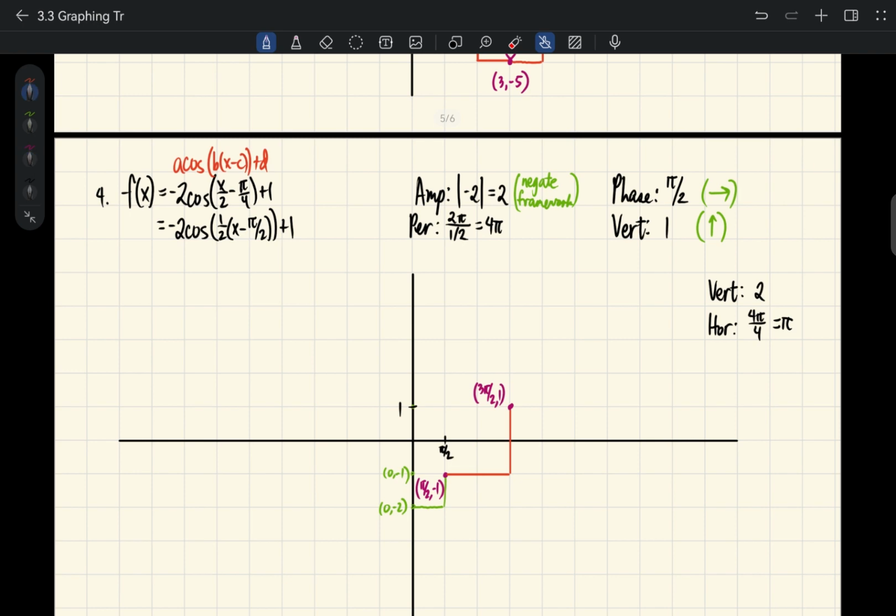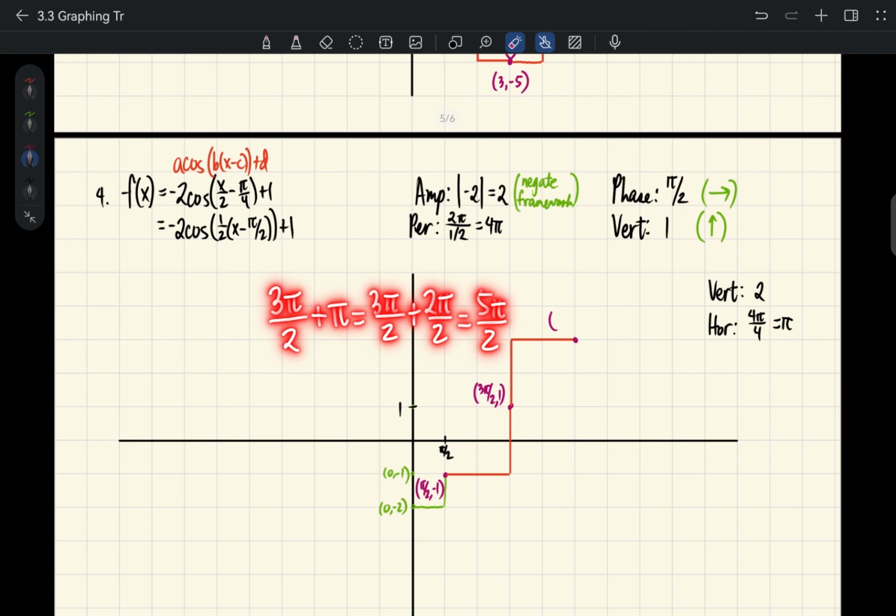Then after that, we move 2 units up and pi units to the right. We have right here, so for the x-coordinate, we add pi to 3 pi over 2. So 3 pi over 2 plus pi, that's 3 pi over 2 plus 2 pi over 2, that's 5 pi over 2. So we have here (5 pi over 2, comma), since we move 2 units up, we add 2 to our y-coordinate.